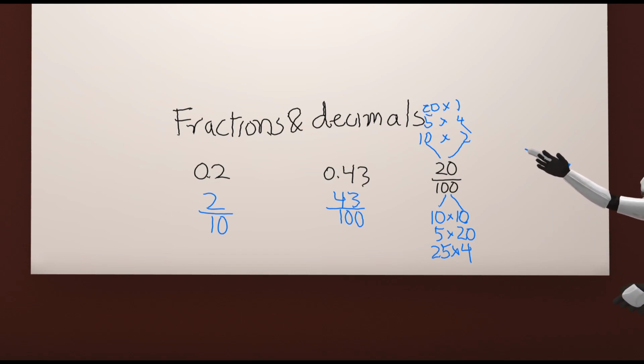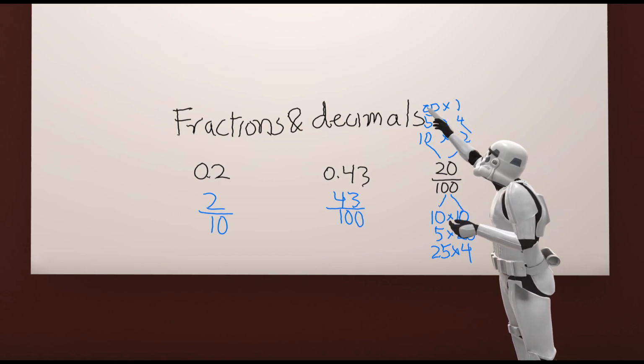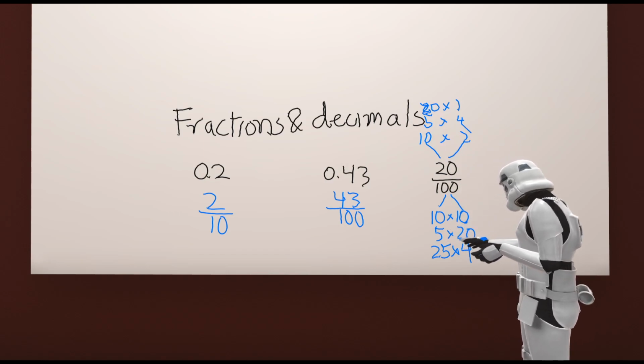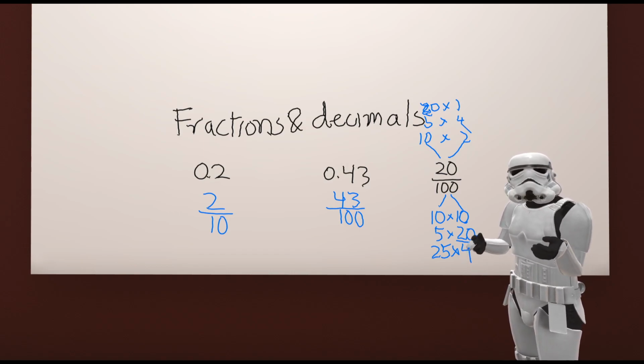So we can see up the top we have a 5, down the bottom we have a 5, up the top we have a 10, down the bottom we have a 10, up the top we have a 20, and down the bottom we also have a 20. So this 20 here and this 20 here are the highest common factors.